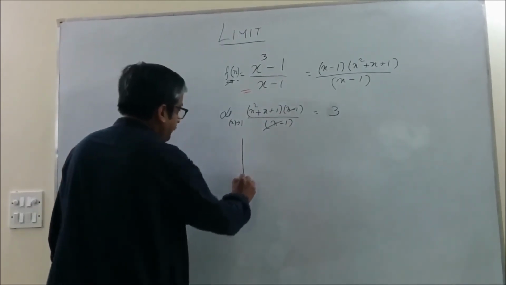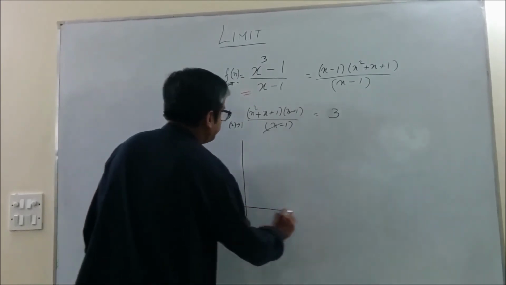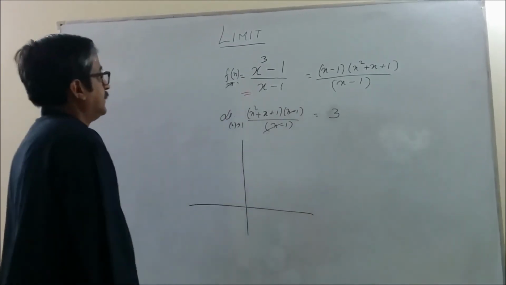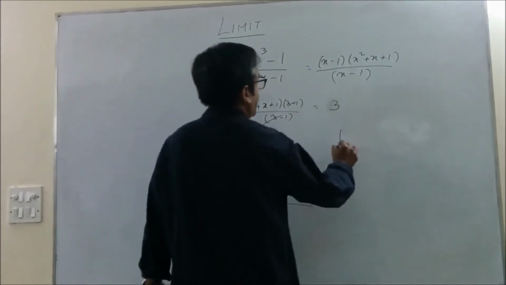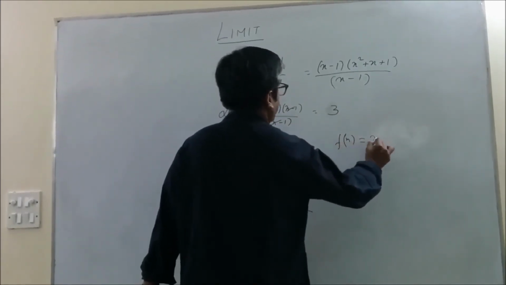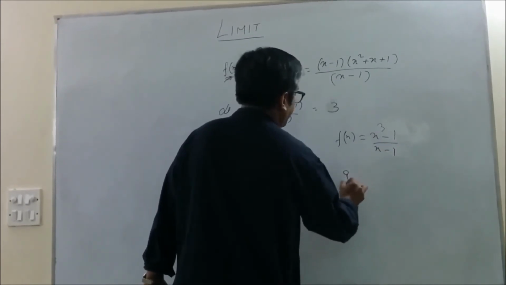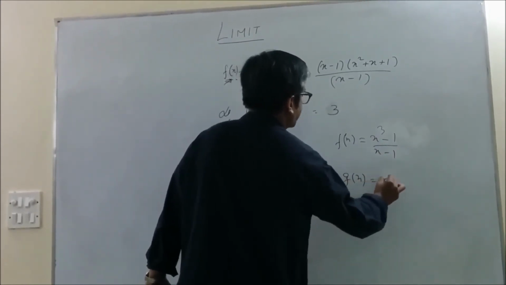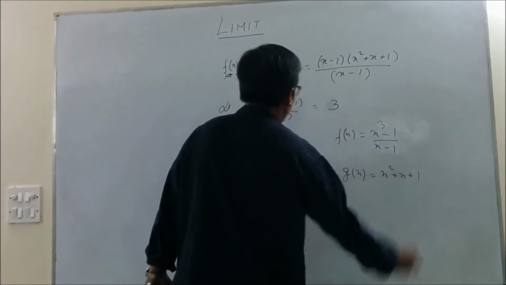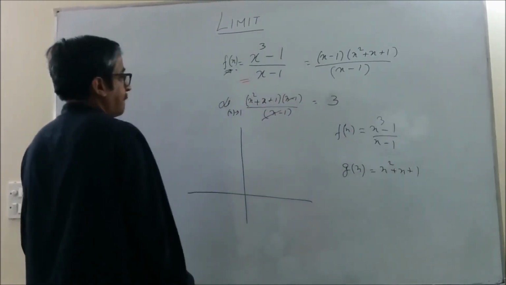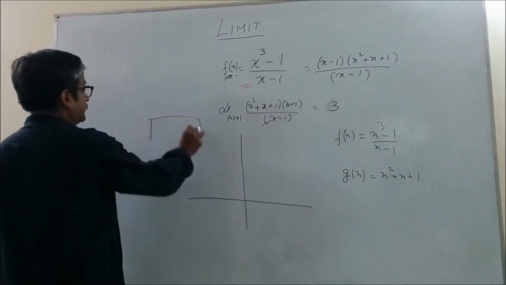So again, if I plot this graph, first for my fx to be x cube minus 1 by x minus 1, and then for my gx, which is x square plus x plus 1, I plot the function.